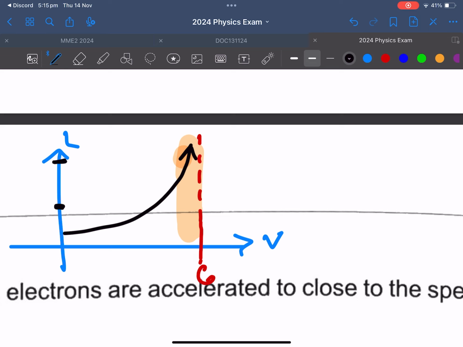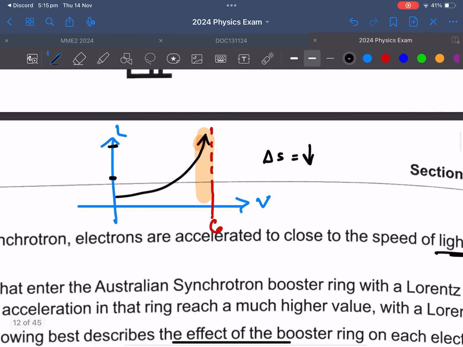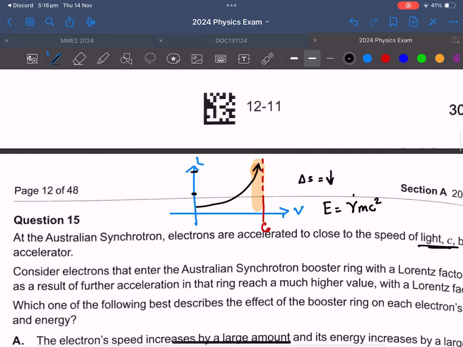So I'm going to say that the change in speed is going to be lower, and in regards to the energy, energy will be gamma times mc squared. So as you can see here, there will be a solid 10 times increase basically.